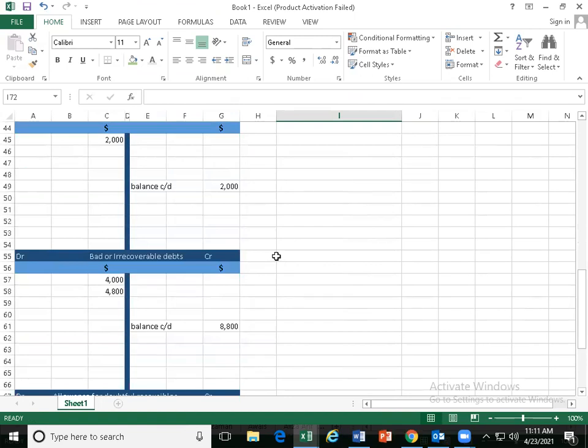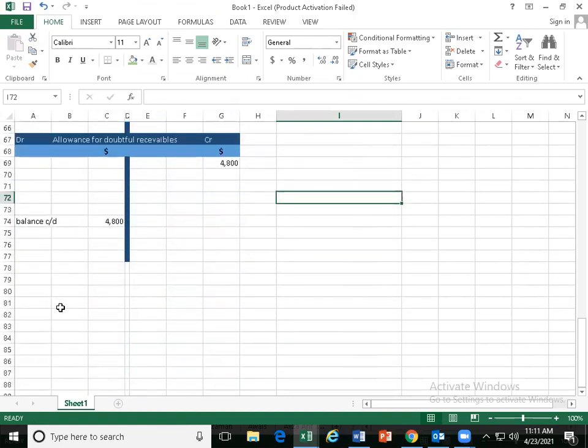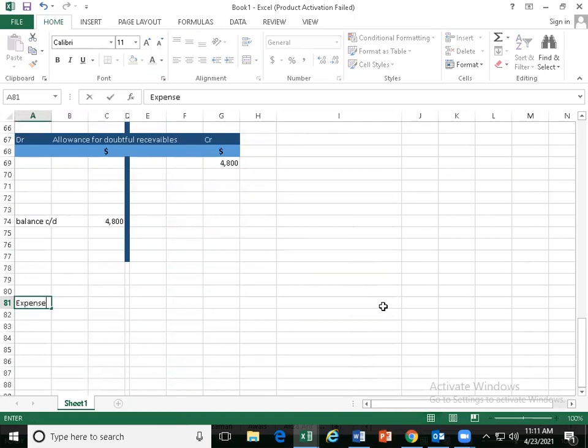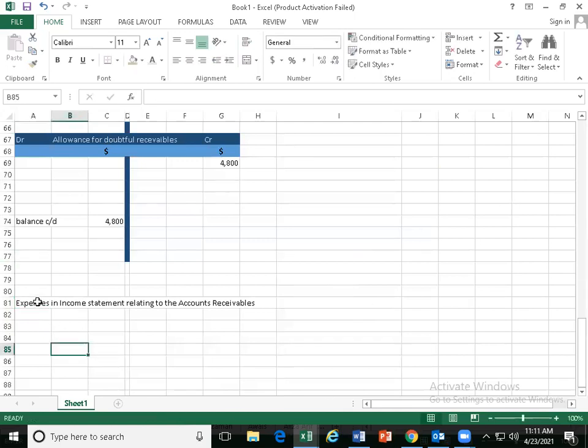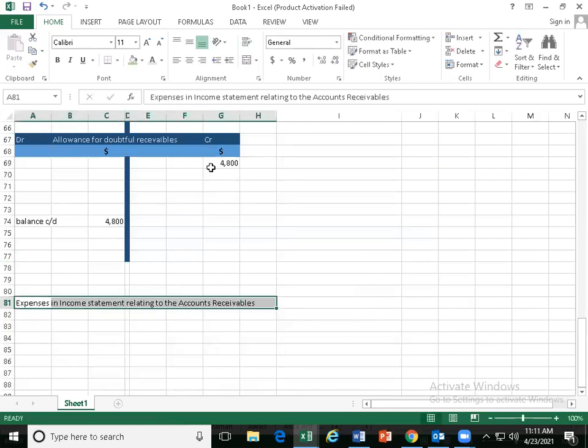Now what we can do is, third requirement was what amount should go into the income statement regarding the expenses in income statement relating to the receivables, accounts receivables. Now you need to look at it very carefully. There were a few expenses which were recorded.